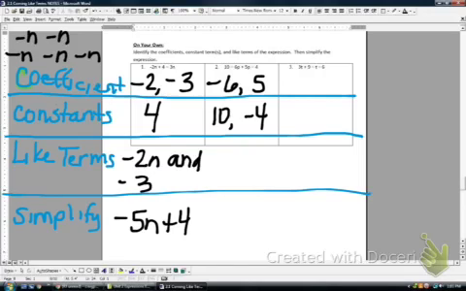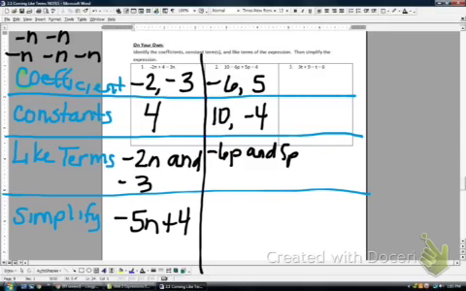And then my like terms are negative 6p and 5p. Then I also have 10 and minus 4, or negative 4. Those are like terms because neither one of them has a variable attached to it.